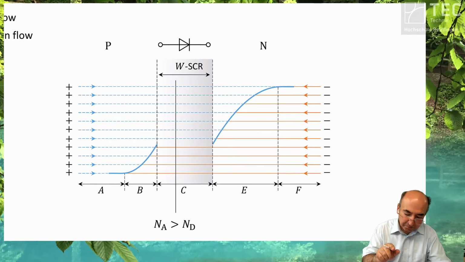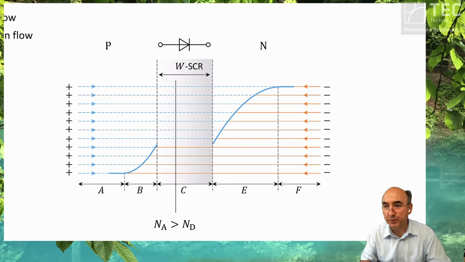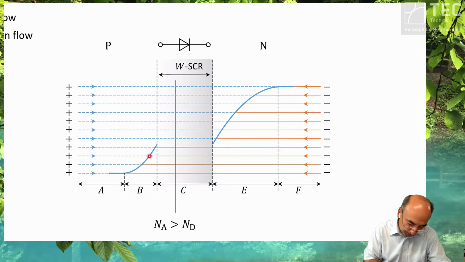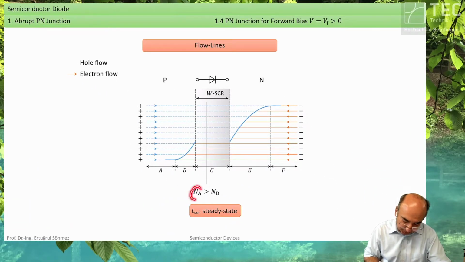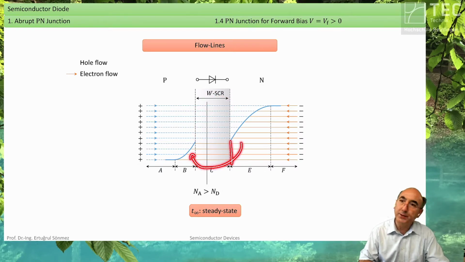From this sketch, it is not very obvious why this recombination only takes place here, but not here. And you see that the hole concentration, the p-type doping, is larger. Why? We have more holes to be injected here compared to the electrons to be injected here.